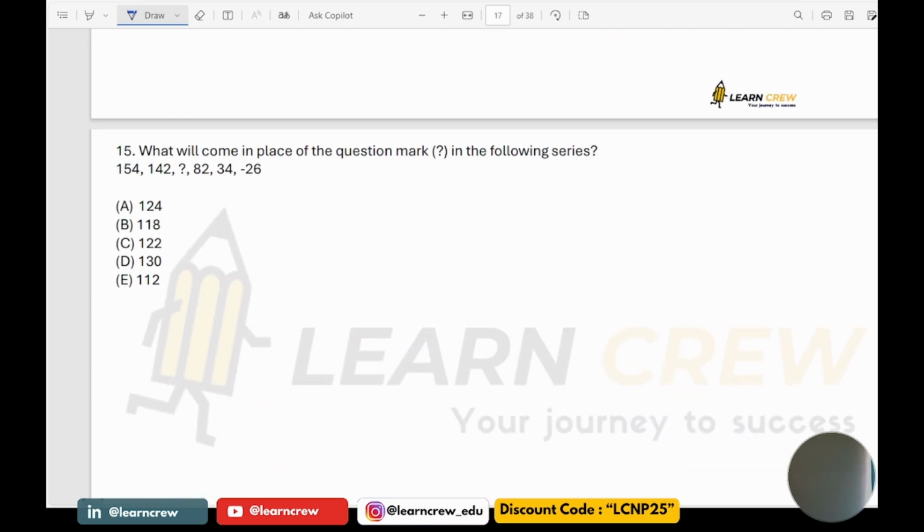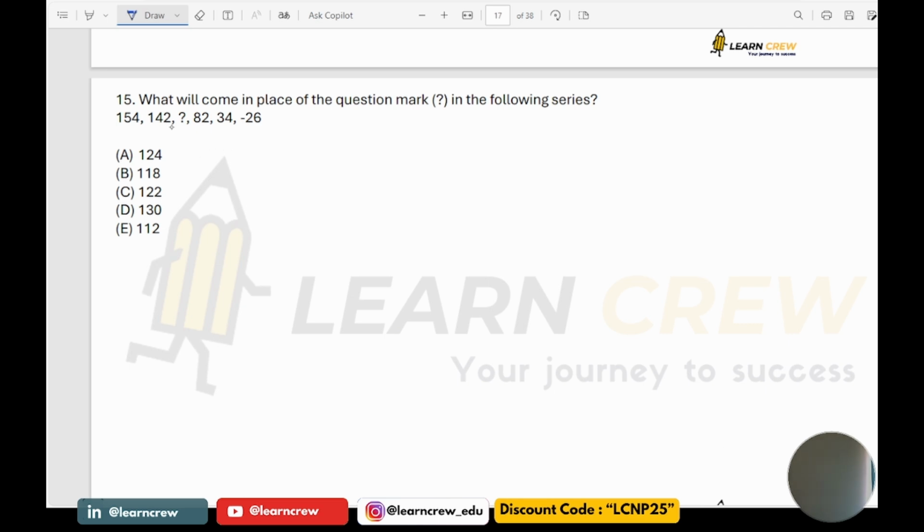Next, find the missing term. If you observe here, what is the observation? Minus 12. It is 80 minus 48. It is how much?